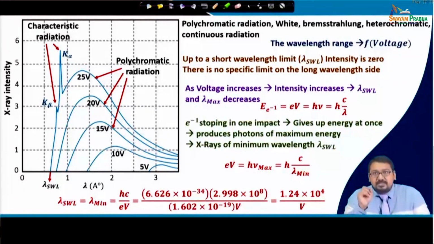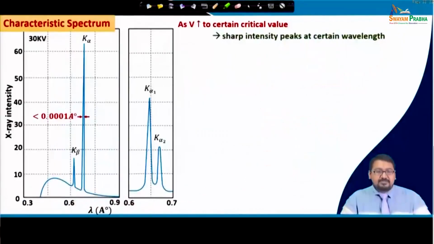So these radiations having particular values of wavelength and with a very thin integral width are known as characteristic radiations. That means a radiation having a certain specific wavelength can therefore be utilized for doing diffraction measurements, and we are basically looking into these characteristic X-ray radiations.